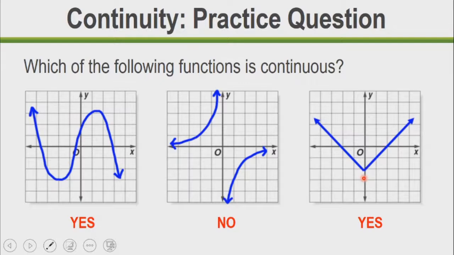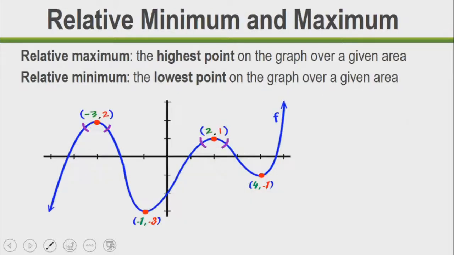So let's move forward. The relative maximum is the highest point on the graph over a given area. We call it relative because it is just the highest point over that particular area. It might not be the highest point over the entire graph. In this example, we have 2 relative maxima.